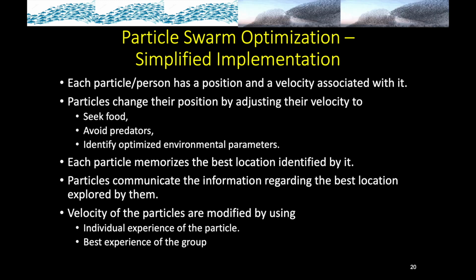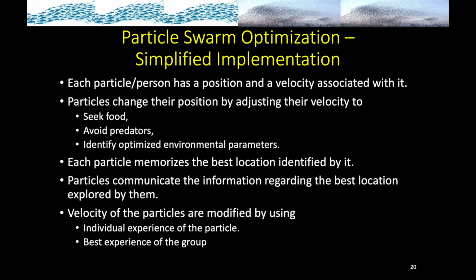The thing to note is that each particle will memorize the best location identified by it, which we call the personal best of each particle. The particles will communicate the information regarding the best location explored by them. So this will be the global best location. And how will we modify the velocity of the particle?